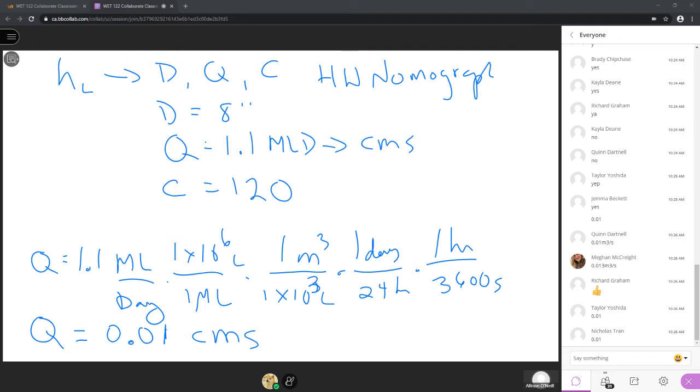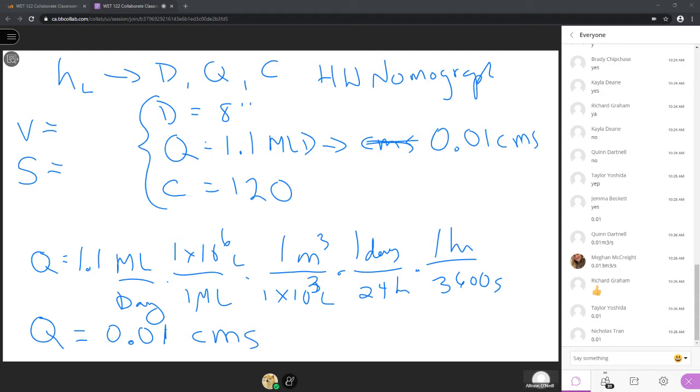So now we can use our information. So this 0.01 CMS, we can use this information and our Hazen-Williams nomograph, and just out of curiosity, can you all tell me what the velocity is? But I would also like you to tell me what the slope of the hydraulic grade line is.